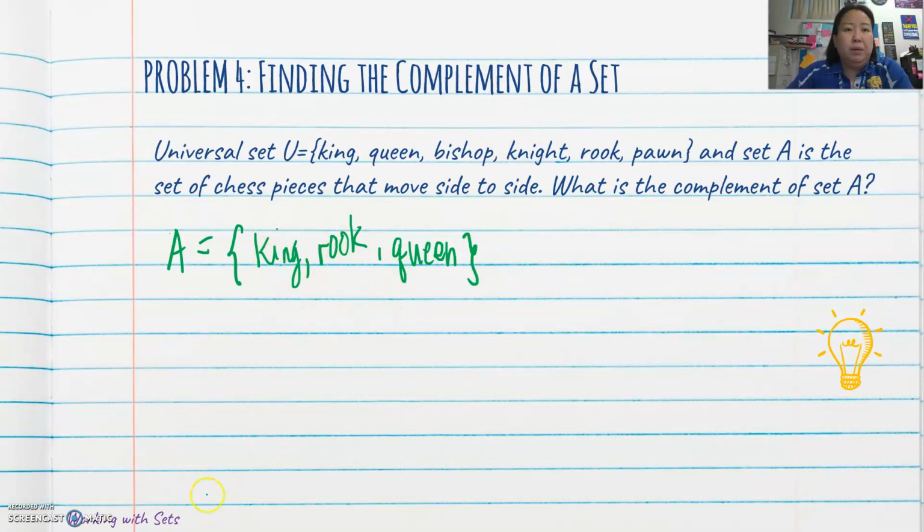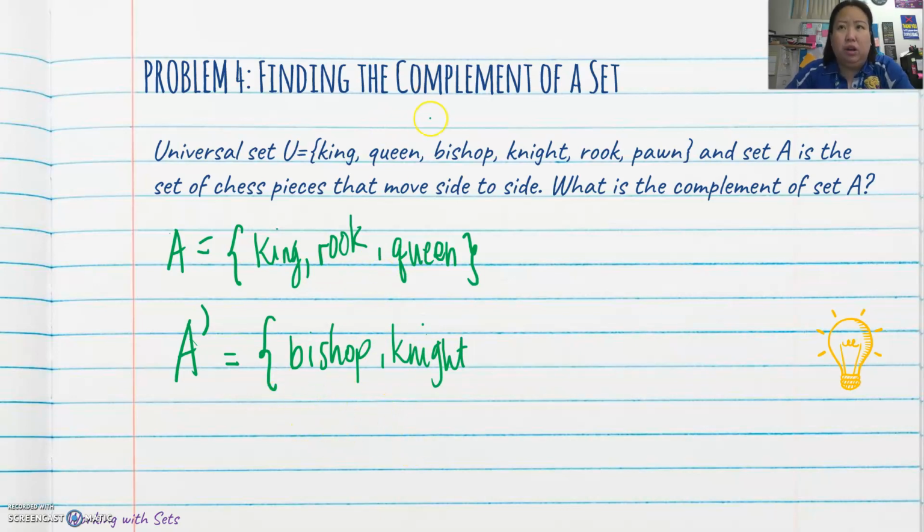So what is the complement of set A? Everything that is in the universal set that is not in this group. The king is there, the queen is there, the bishop, as you can see, is not in set A, so the bishop is in the complement. The knight is also not in set A, so it belongs to the complement.